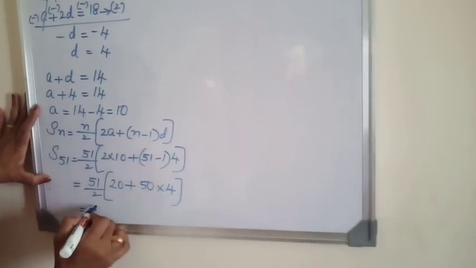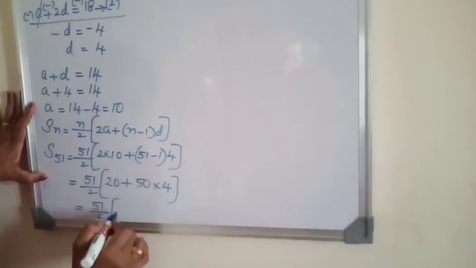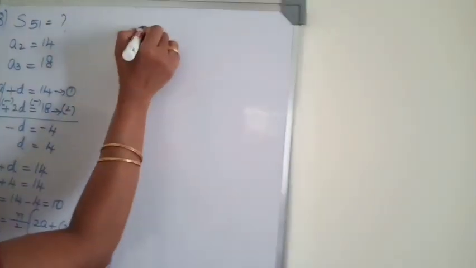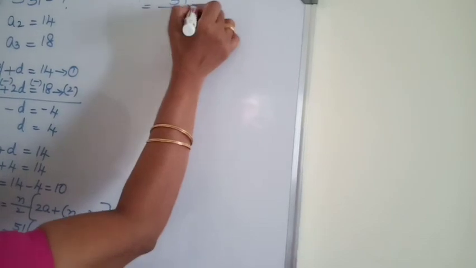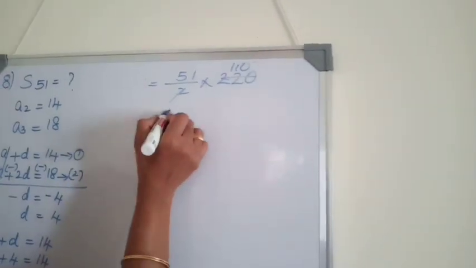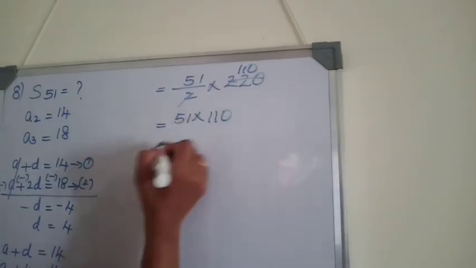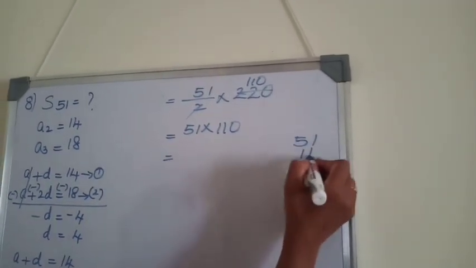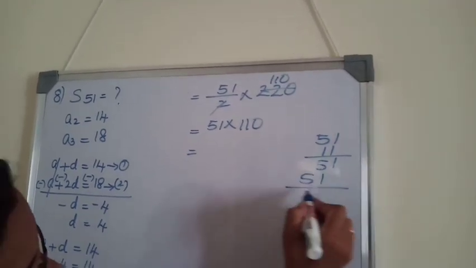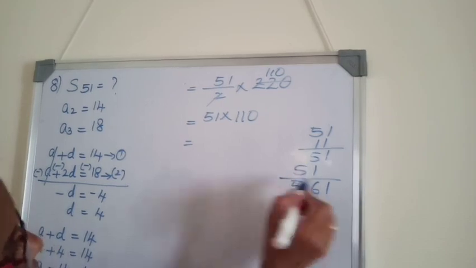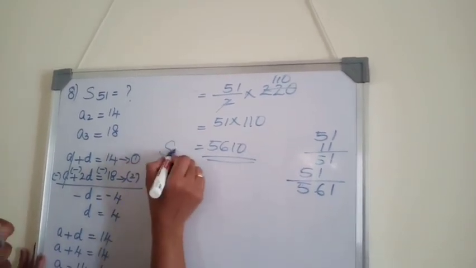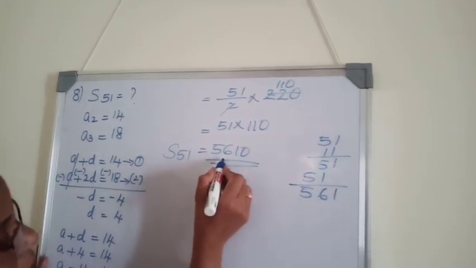That is 51 by 2 into 20 plus 200 equals 51 by 2 into 220. Cancel, 110. 51 into 110. 51 into 11, 561 and this 0. So the sum of 51 terms is 5610.